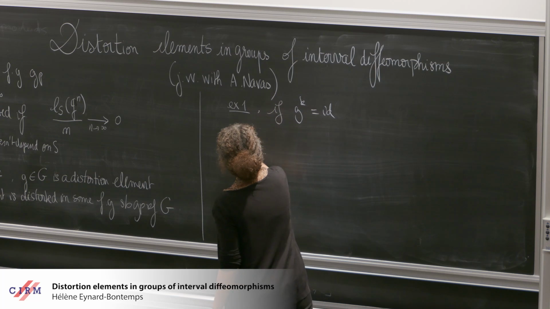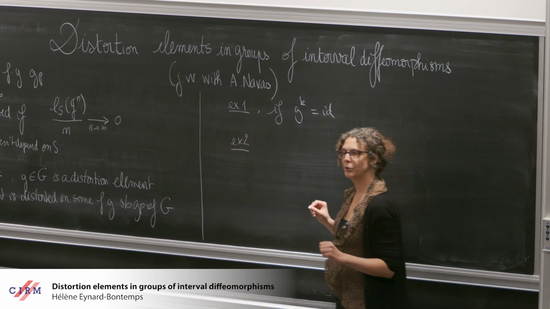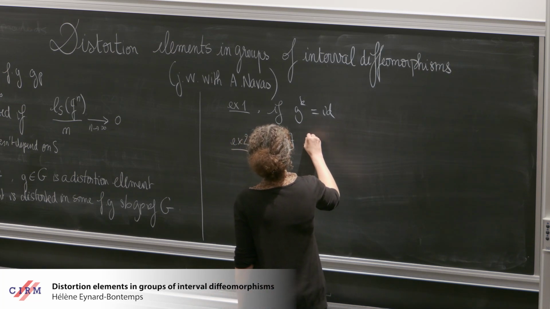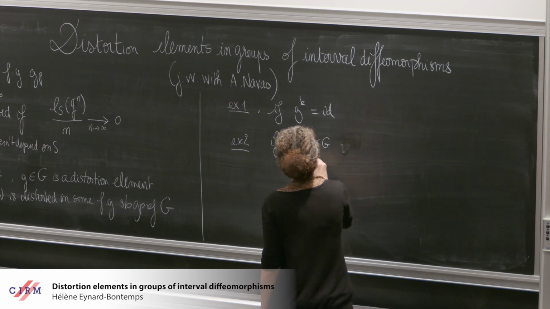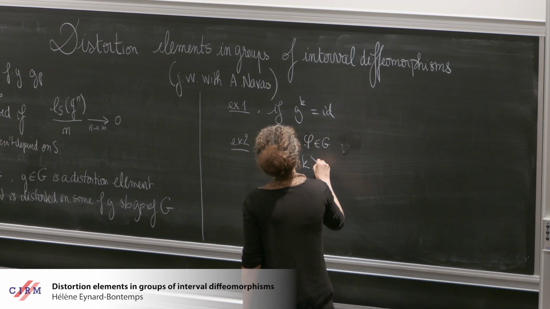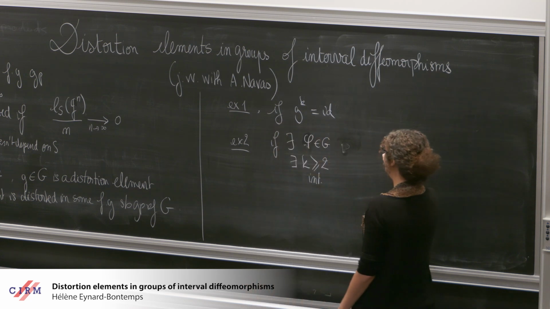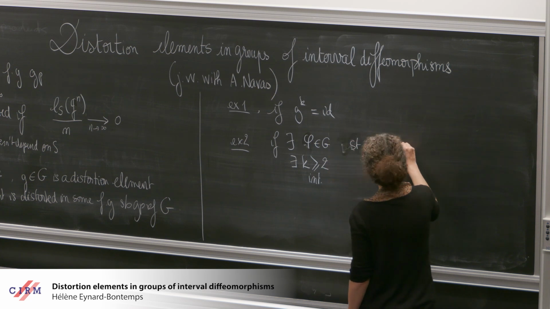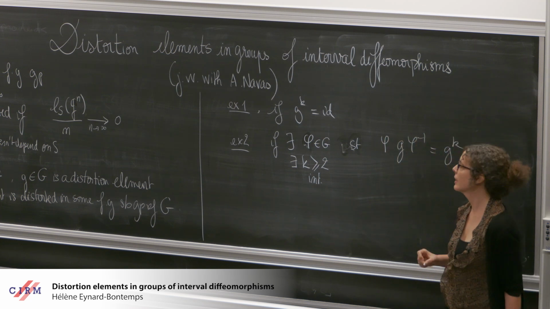But the second example, which will, on the contrary, be very useful in my talk, is the situation where there exists some element phi in the group and some integer k, such that my element g is conjugated to its kth power.